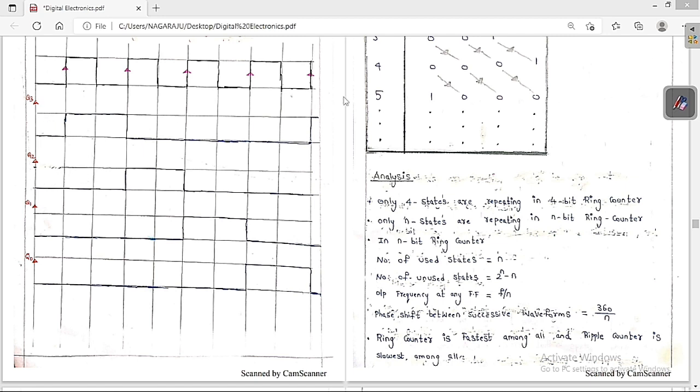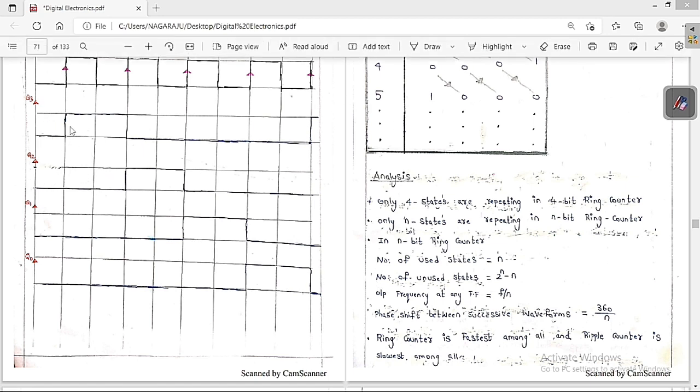See, if you analyze this table, the same thing we are going to get here also. Initially we have 0, 0, 0, 0, then we got 1, 0, 0, 0, then 0, 1, 0, 0, then 0, 0, 1, 0, then 0, 0, 0, 1.